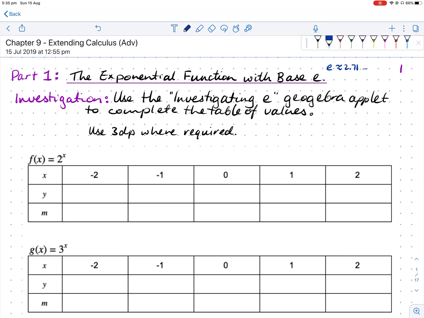So it's a number between 2 and 3, and it is an irrational number. The reasons why we have this number are going to become a little bit more apparent when we start looking at calculus, when we start looking at the significance of this particular value.